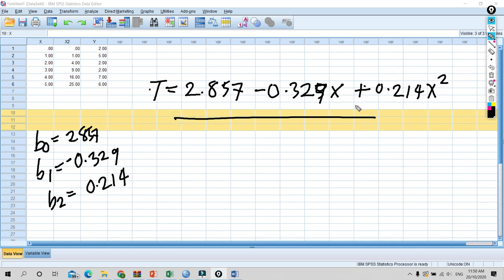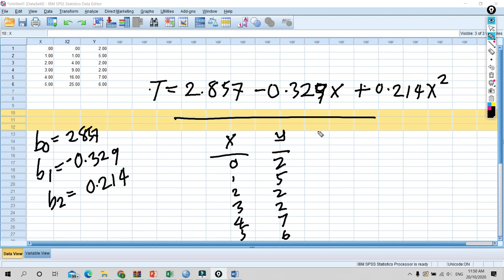If you want to find the trend line, let's say I have y here and x. For x we have 0, 1, 2, 3, 4, and 5, and my y is equal to 2, 5, 2, 2, 7, 6.